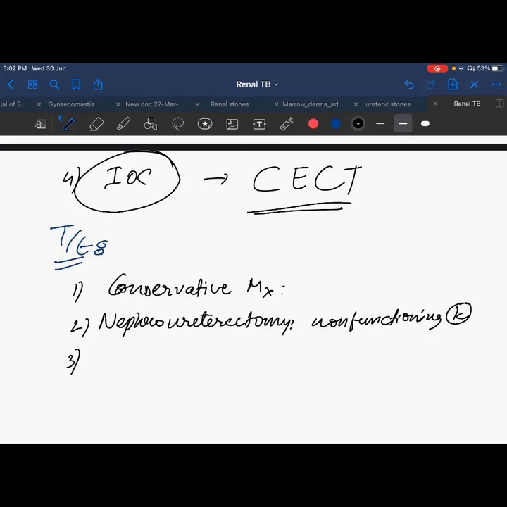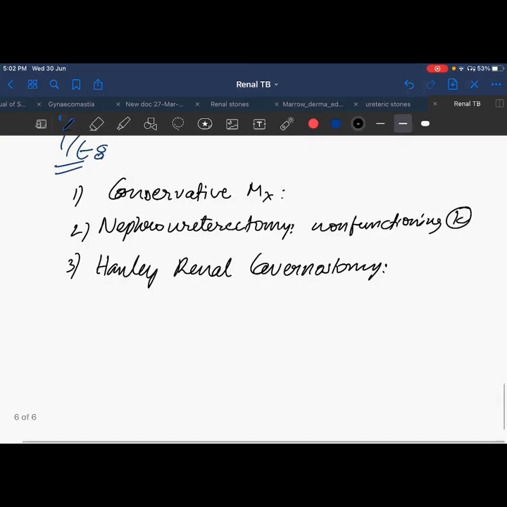When, what are the conditions? Obviously, when the kidney is non-functioning. Next, there is something known as Henle renal cavernostomy. In this, what they do, they incise the capsule, go to the renal parenchyma, go into the calyces, and drain the pus.